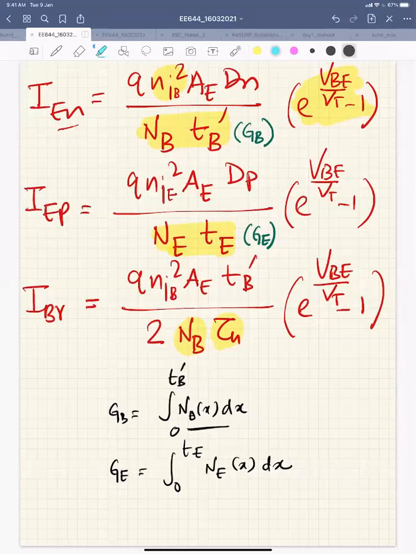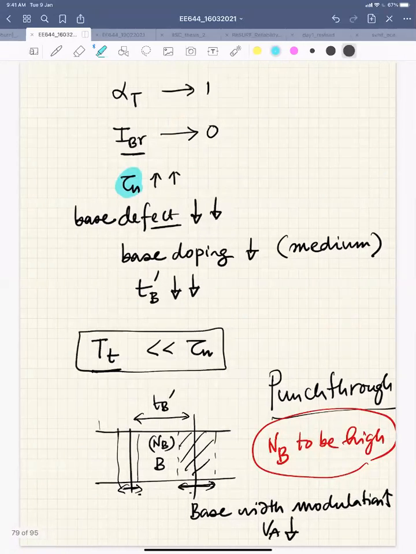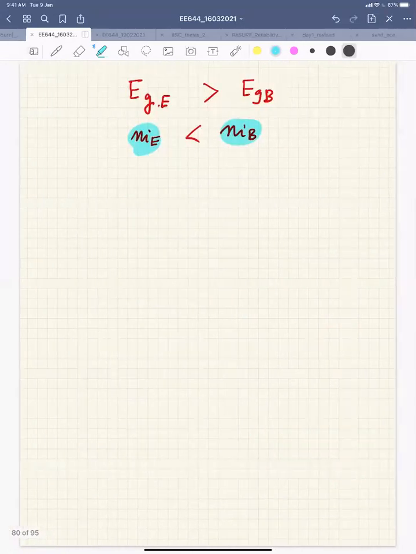So if you look at the NI here, this is natural. If I want to make a heterojunction transistor, I want my base material to have a lower band gap than the emitter material, because I want NIE to be less than NIB. So this is what happened, and there are a lot of devices.